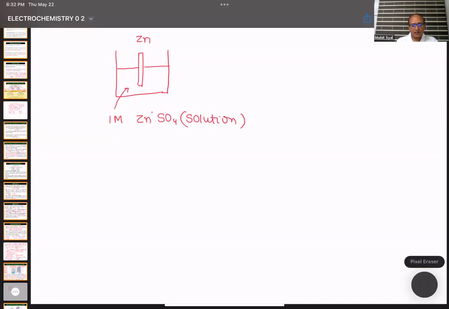And if I ask you what is the potential of this electrode, how will you measure it? Aisha, Marwa, tell me, how will you measure the electrode potential of this electrode?